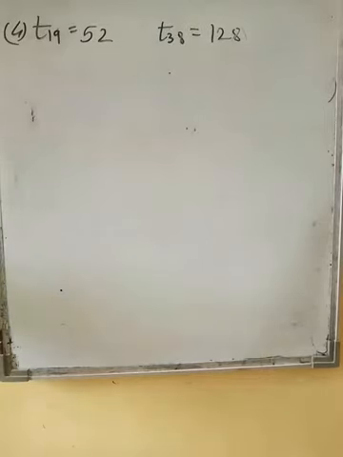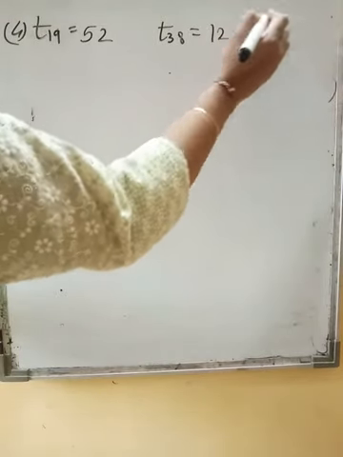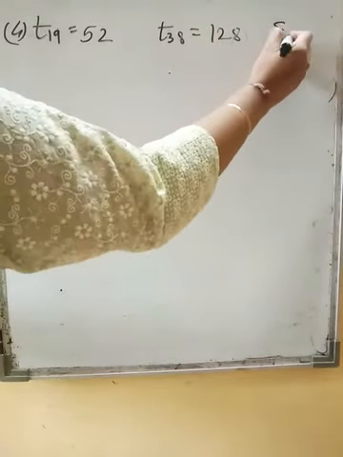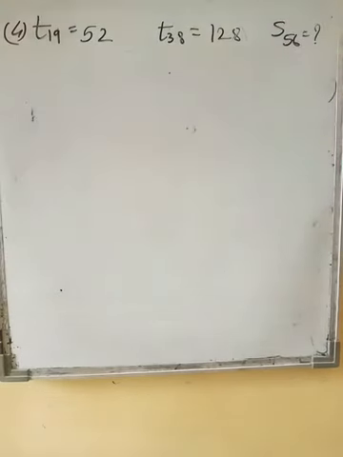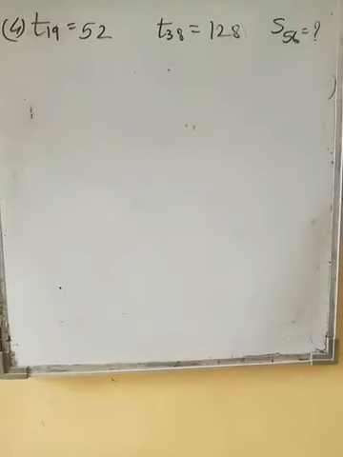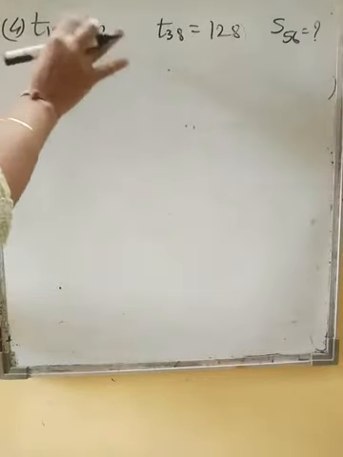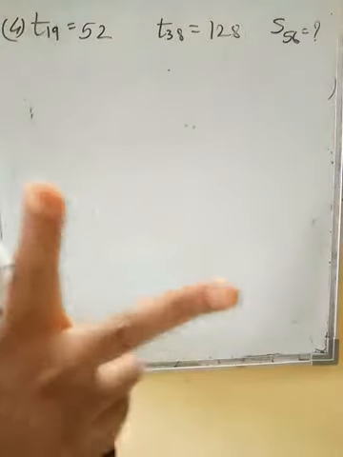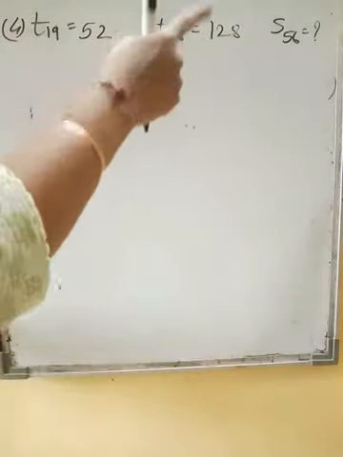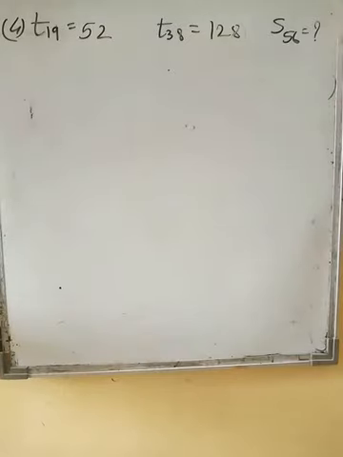So you have to find out S56. Now this is the information given. That means if any two terms are given, then I can find the sum of the other terms also. Some manipulations are there with the question. As the question is solved, you will come to know about it.